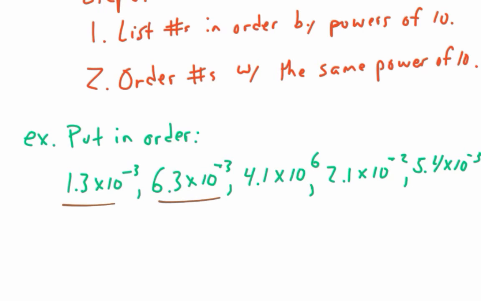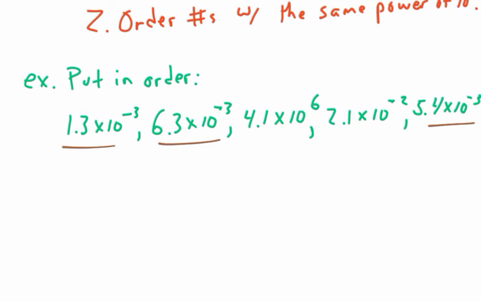But do you agree I have all three of these are a 10 to the negative 3? Do you agree that that first one is going to be 0.0013? That 10 to the negative 3, I move my decimal point 3 to the left. My next one, I move my decimal point 3 to the left and I get 0.0063.